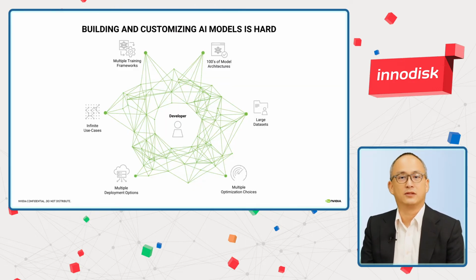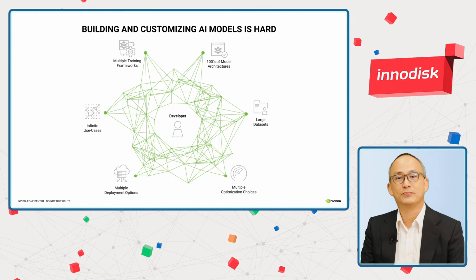Speaking of AI model development, we all know developing AI end-to-end is a very hard process. There are many challenges. First, you have to have data, a large amount of data. You need data scientists, and you need to find the right deep learning framework to do the training.